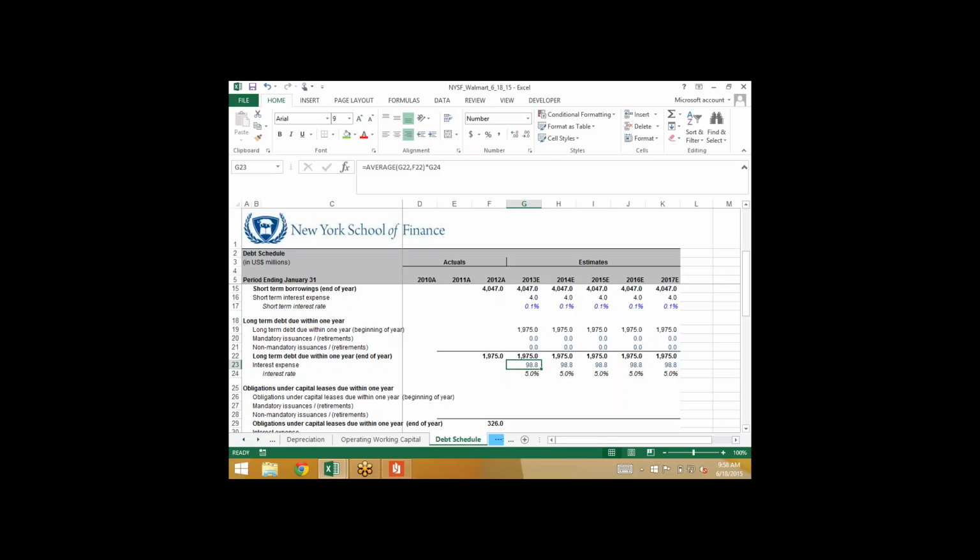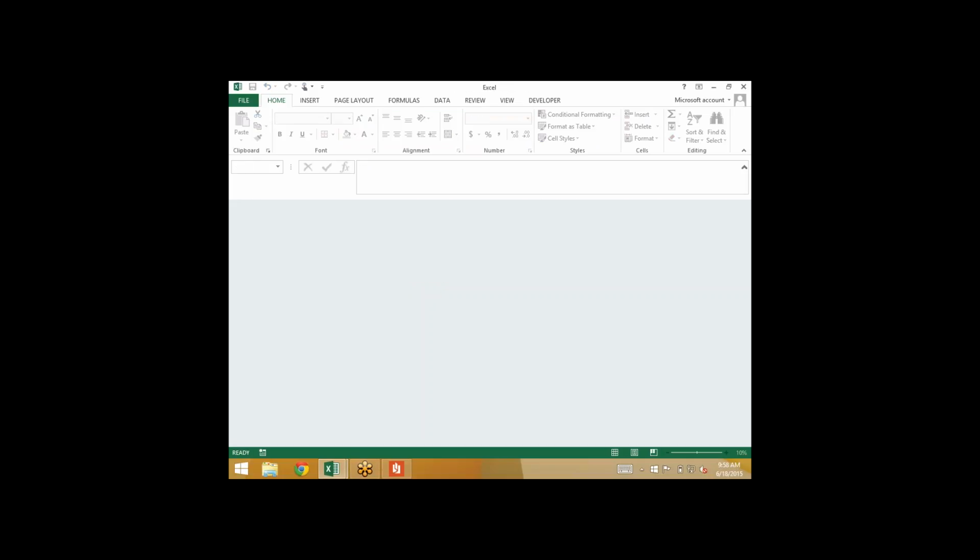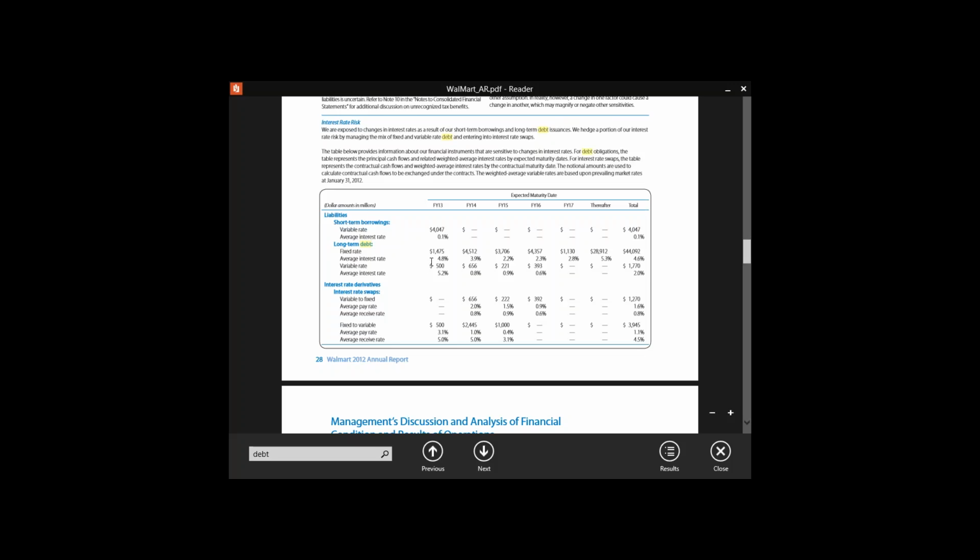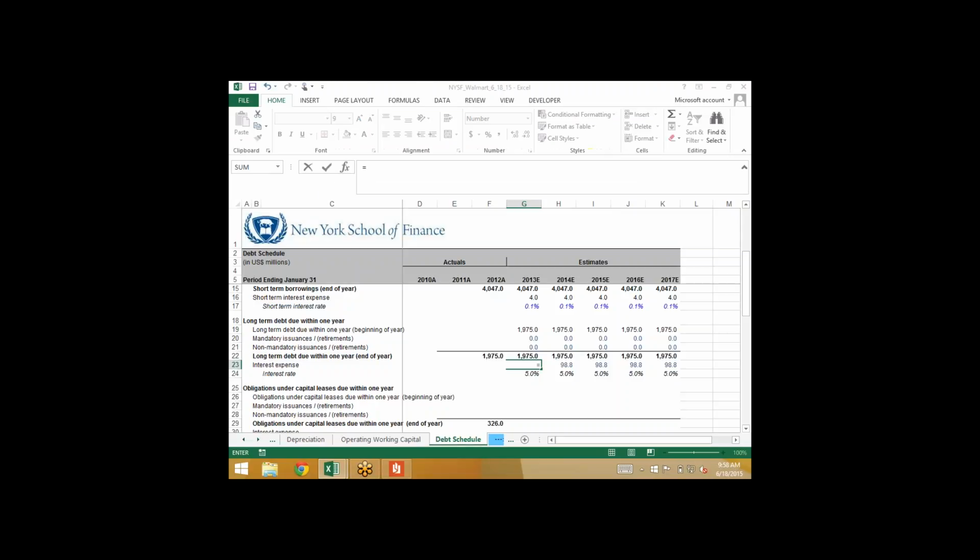So I'm going to overwrite my average formula. That's why it's blue. In G23, I want to know exactly the dollar amount of interest they've paid based on this chart, which is 1475 times 4.8% plus 500 times 5.2%. That's exactly the interest that they've paid.